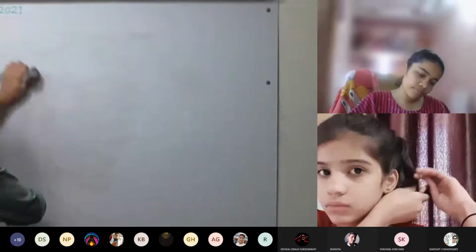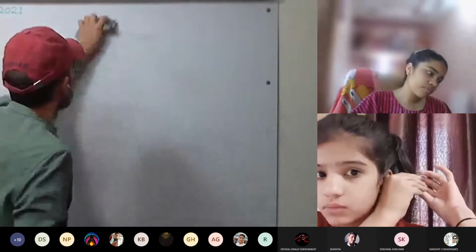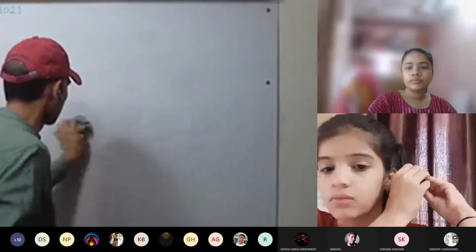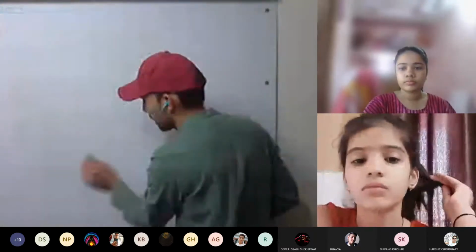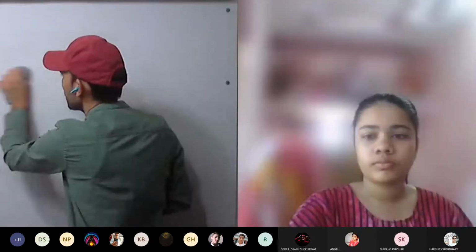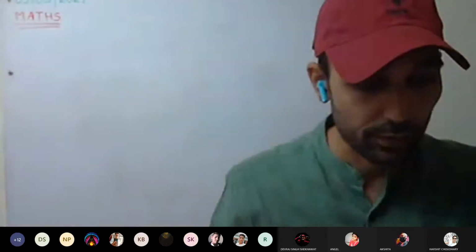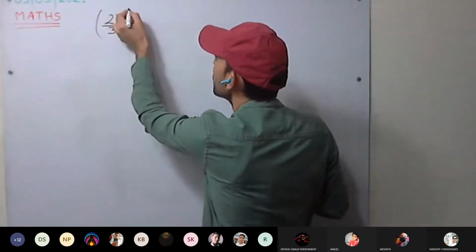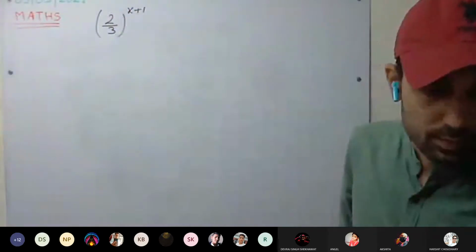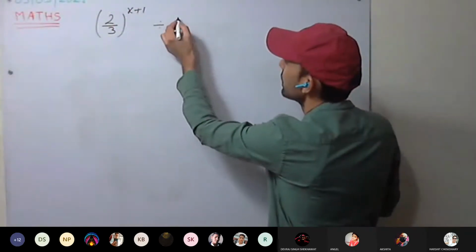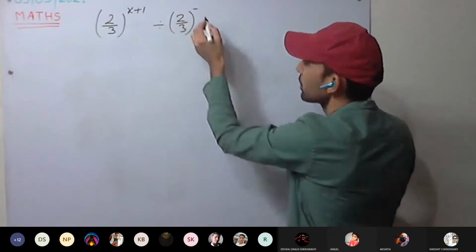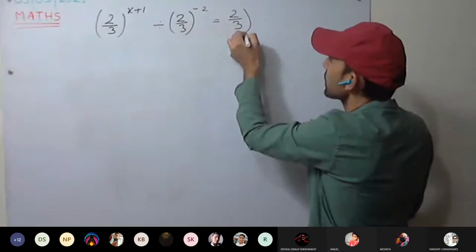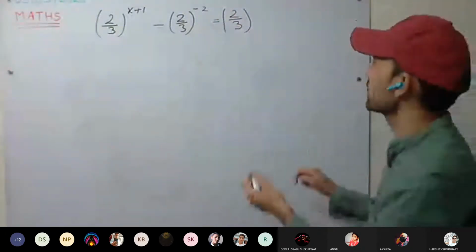In revision exercise, there are many questions over them. Okay, so we have 2 by 3 raised to power x plus 1 divided by 2 by 3 raised to power minus 2 equal to 2 by 3 raised to power 6.